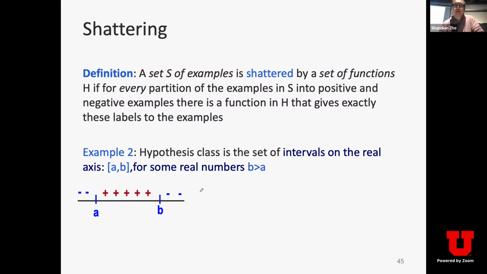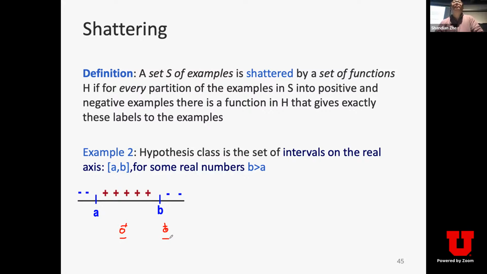So now suppose I'm choosing arbitrary 2 points. For all positive labeling or all negative labeling, it's fairly easy to find the corresponding interval A and B to correctly classify both of them.